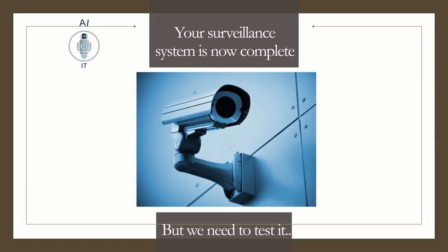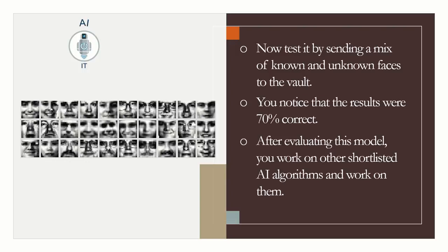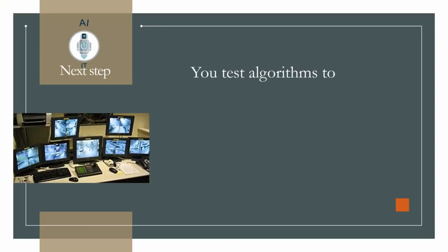Now, the surveillance system is complete, but we need to test it to see how it performs. Now we can test it by sending a mix of known faces and unknown faces. We can see which model gives maximum percentage of correct results. Based on that, we can evaluate that particular AI model and start working on the shortlisted AI algorithms.